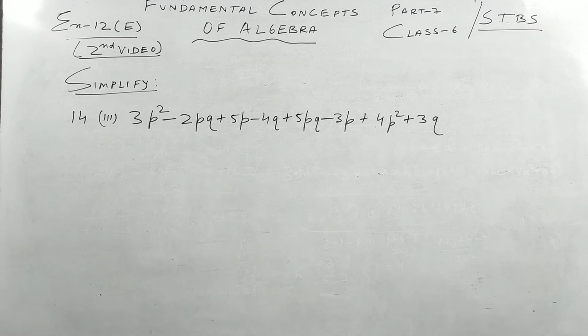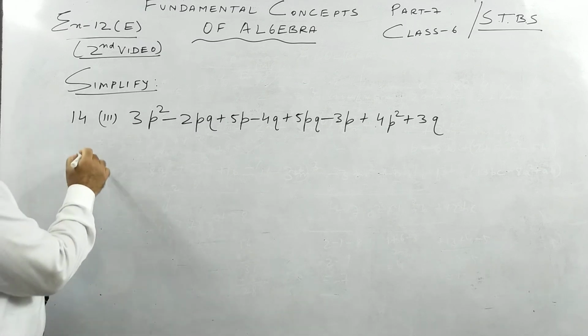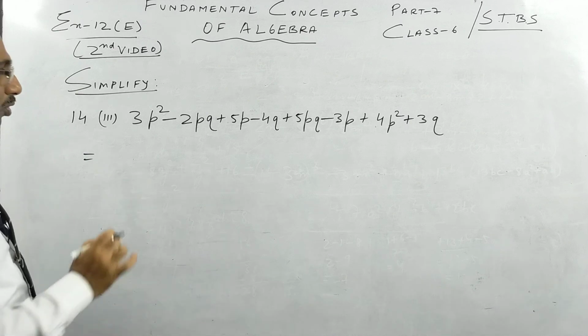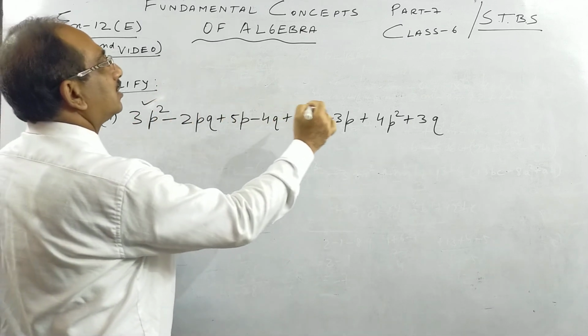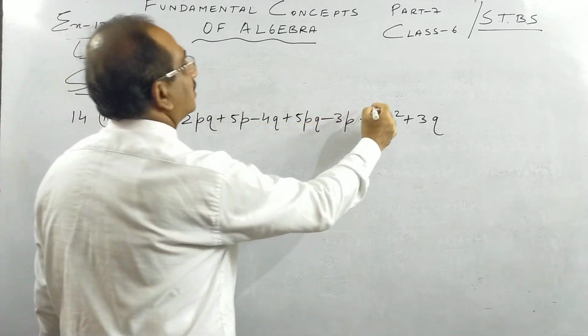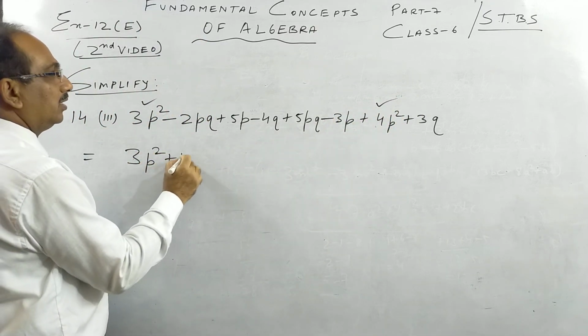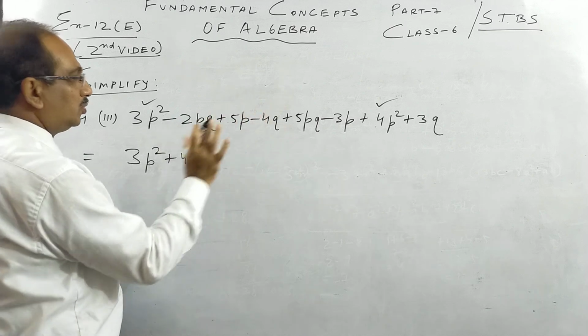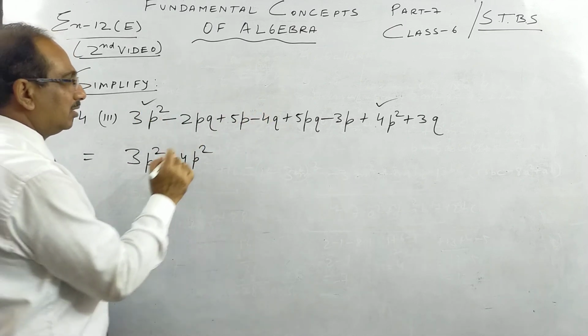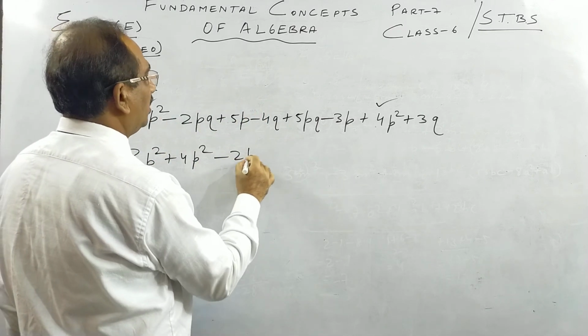So now we move on to the very last question of this exercise 12E. Now this is also one row operation we have. So all the like terms, children, I put a tick mark, means I try to bring them together. So my p square terms over there are like terms, minus 2pq.